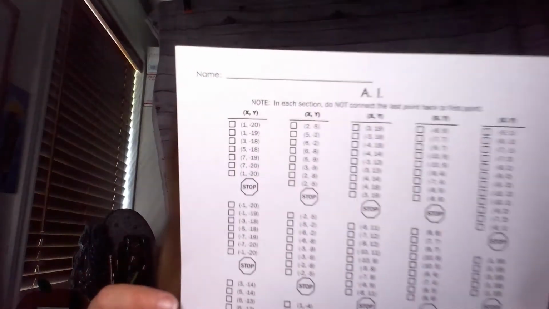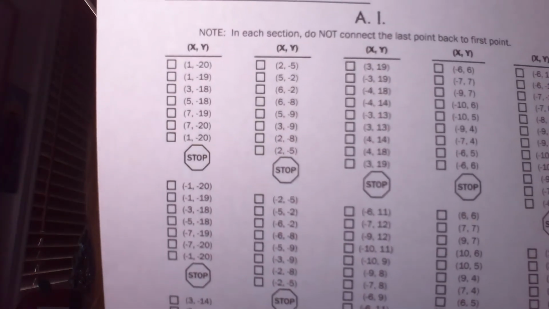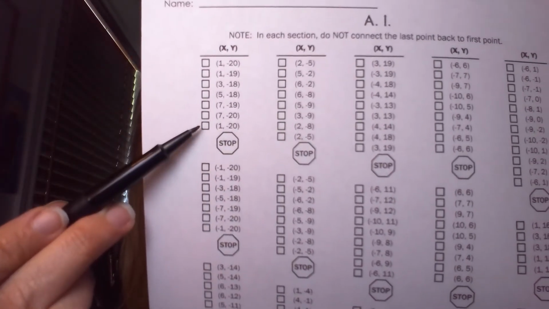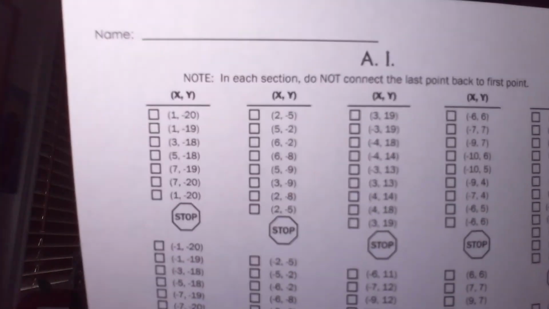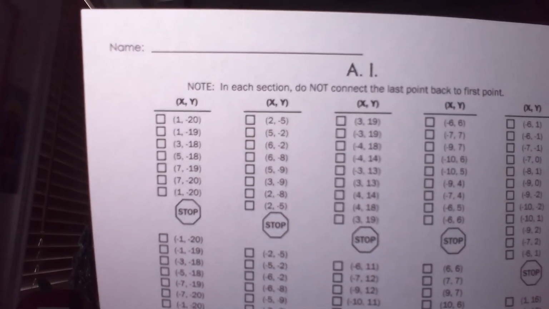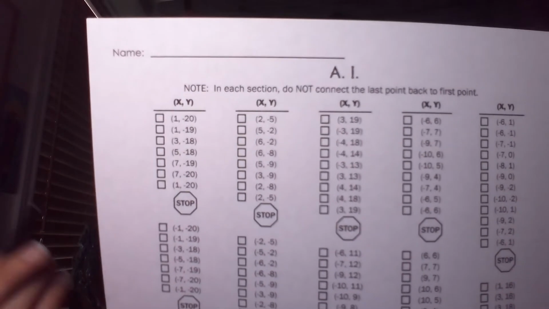This one looks intimidating, but really you're just sitting and doing a bunch of dots and connecting them. So again, stop sign. I would stop connecting my dots, start all over here with part 2. Now you'll notice, this time, I have some positives and some negative numbers. This will be fun.